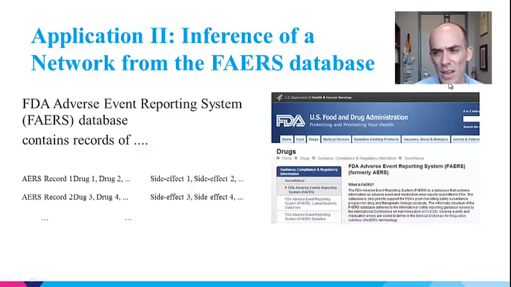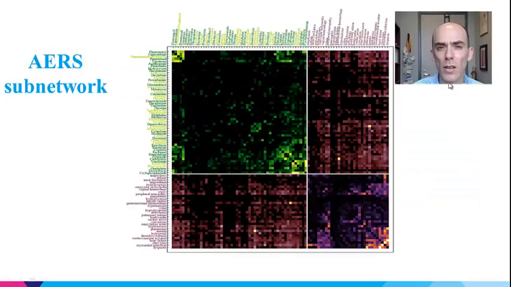Using this data as a gene set library, we can infer interactions between drugs and between side effects and between drugs and side effects. So here is an example of the mean adjacency matrix that results in applying the Sets2Networks network inference method to commonly used cancer drugs and 40 severe side effects.